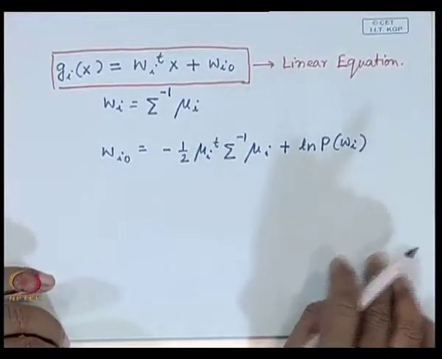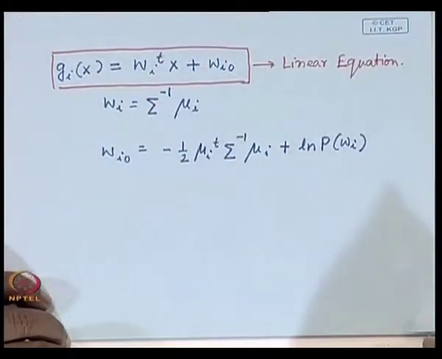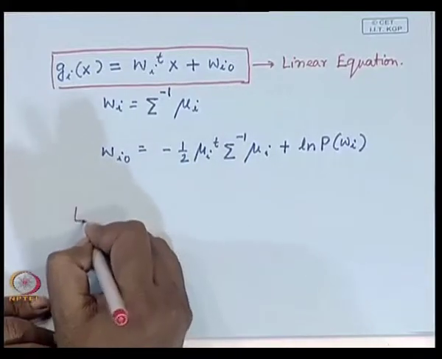So, our classifier making use of such linear discriminant functions again becomes a linear machine.